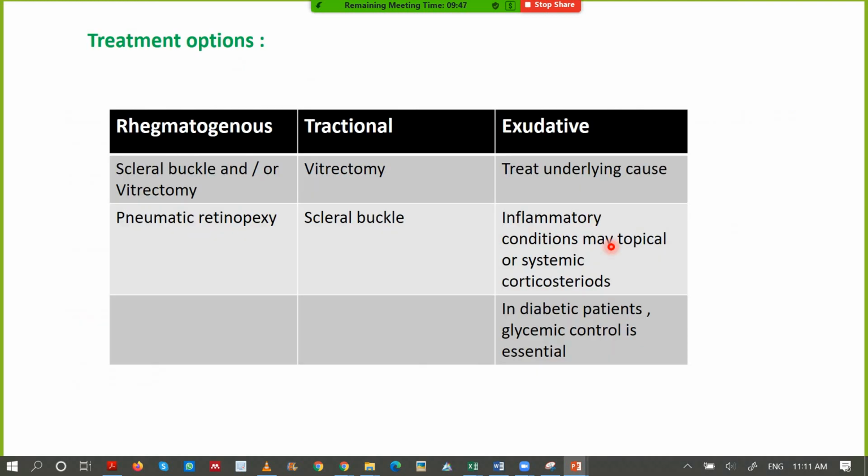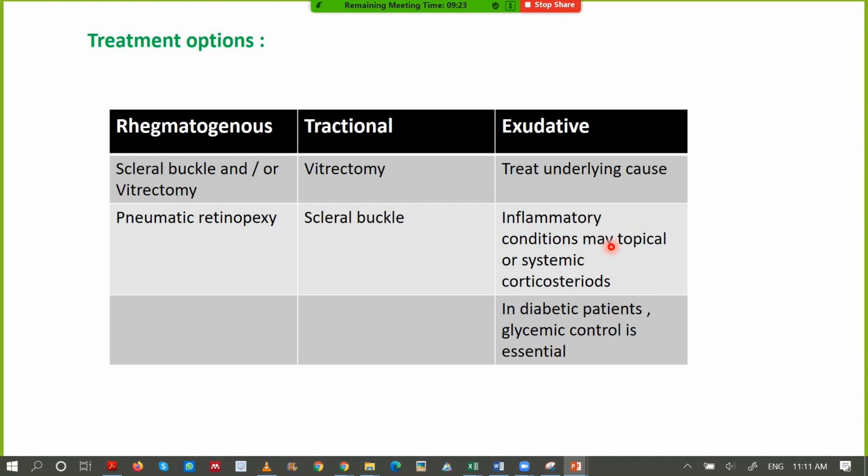Okay, coming to the treatment options, mostly retinal detachments are treated with surgeries, and when there is a small exudative kind of detachment, those can be managed with normal medications and diet control.